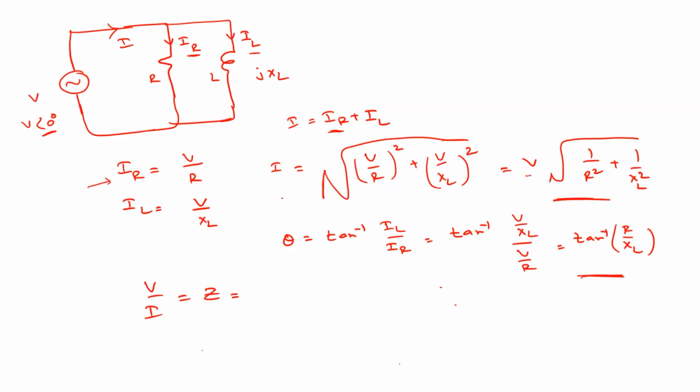We have this V and this current, so its magnitude V by I leaves you with 1 divided by the square root of 1 by R squared plus 1 by XL squared. That is the magnitude of Z.